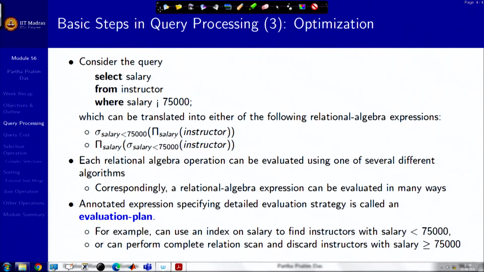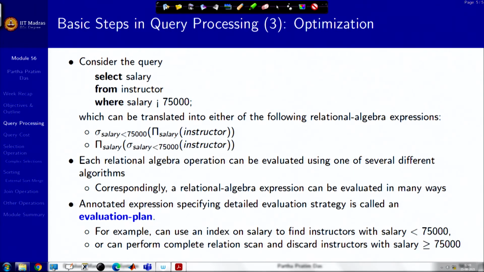And we will have to see what the reasons are for which one may be chosen above the other. The relational algebra expression operations can also be evaluated through different algorithms. So, we will take a look at those algorithms and decide what could go finally in terms of an evaluation plan. We will talk more about this evaluation plan.